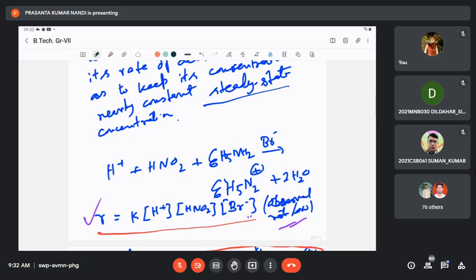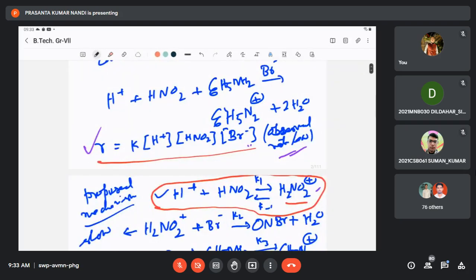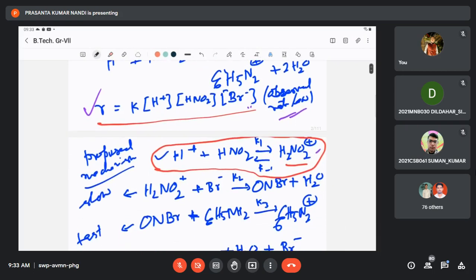At this stage, please carefully note. Now we can propose a reaction mechanism: H+ plus HNO2 in equilibrium with H2NO2+.